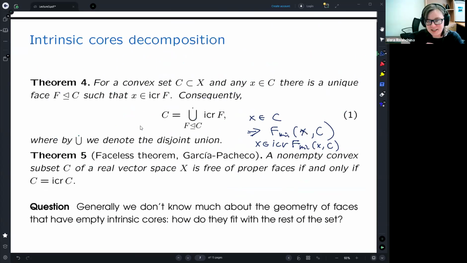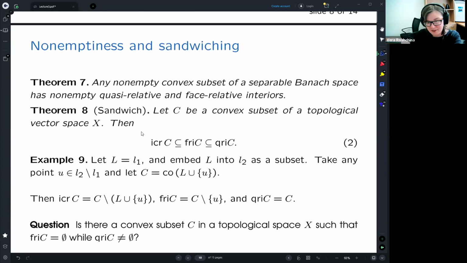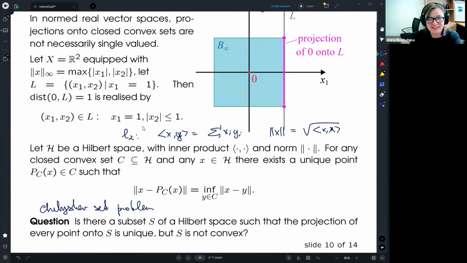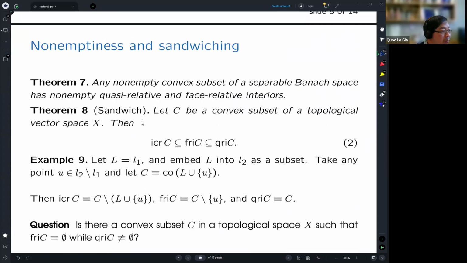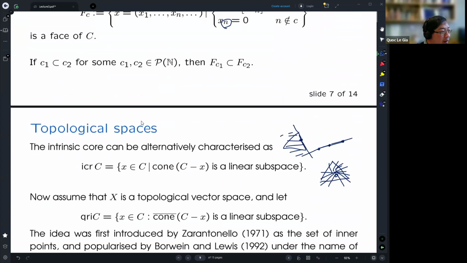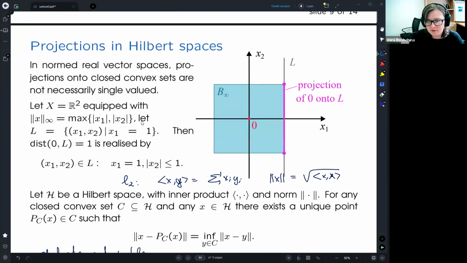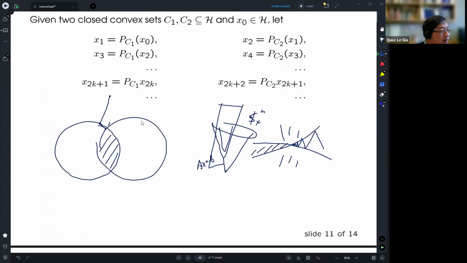For projection methods, it's very important that we are in a Hilbert space. Otherwise, we need to assume some kind of strict convexity on the objects we're dealing with to get unique projections and things like that. Okay, thank you. I think I've seen the 1933 paper by von Neumann. It's a very long paper. You mean about the alternating projection theorem?